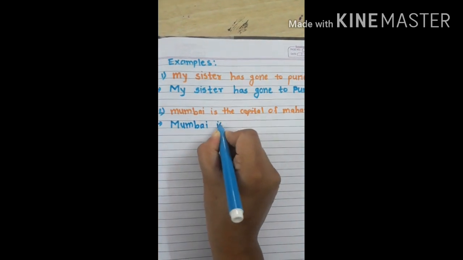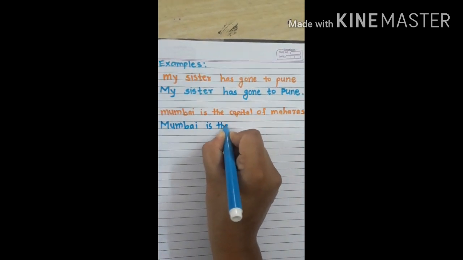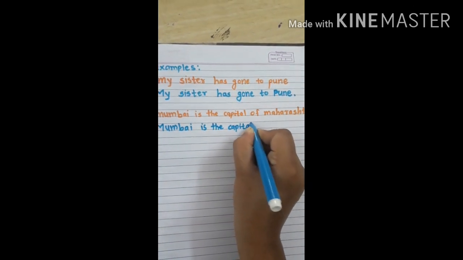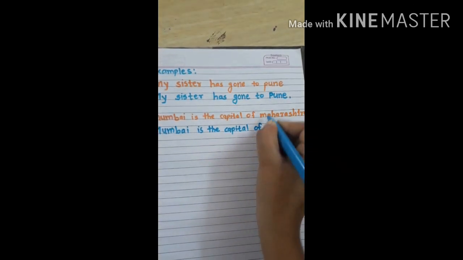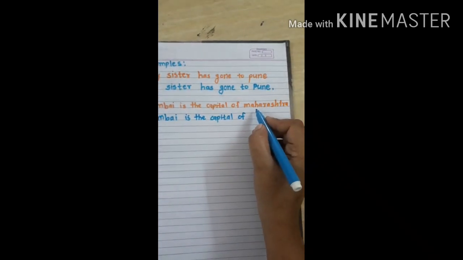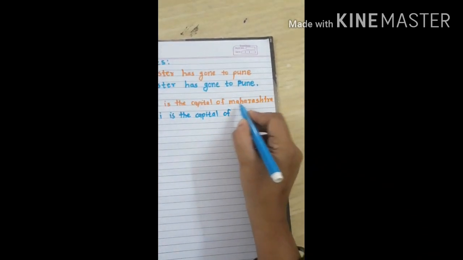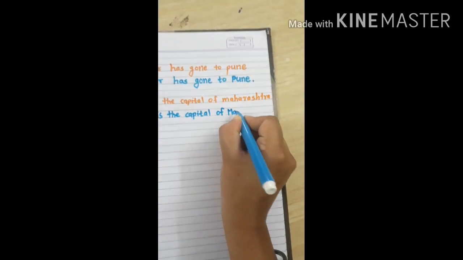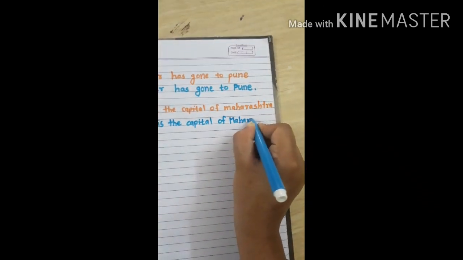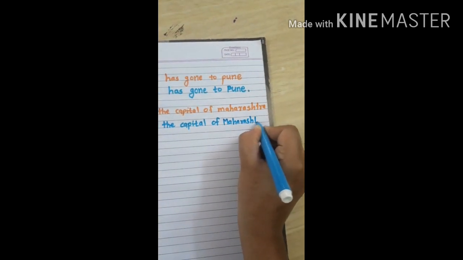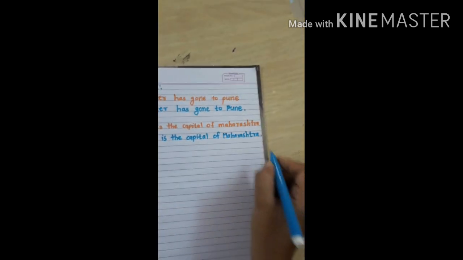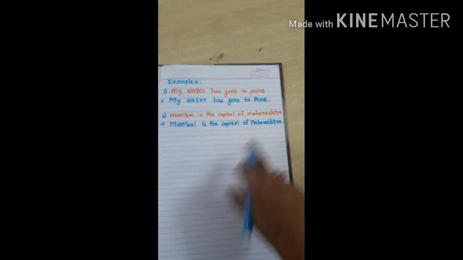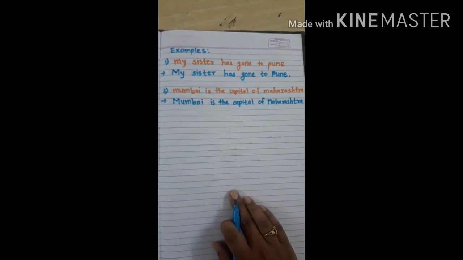Mumbai is the capital of Maharashtra. It is a name of state, so it is a proper noun, so it will be capitalized. End of the sentence, full stop. Mumbai is the capital of Maharashtra. Understood, dear children?